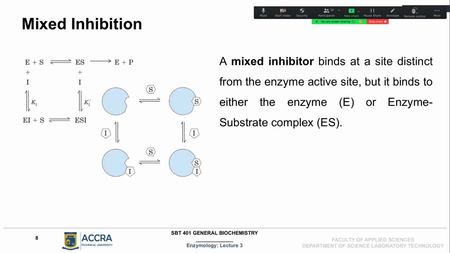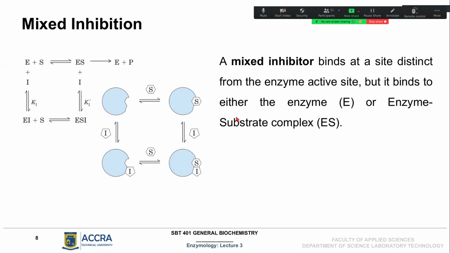Right, now, we also have what we refer to as mixed inhibition. With mixed inhibition, really, what it is is uncompetitive inhibition, which is taking two different paths and can be occurring at the same time. And then we refer to that as mixed inhibition.